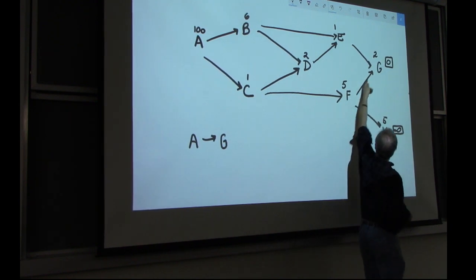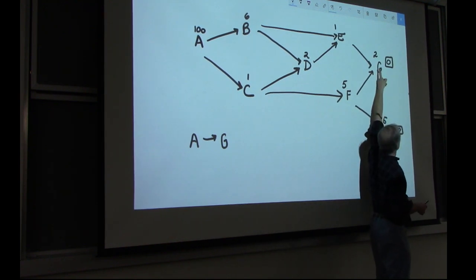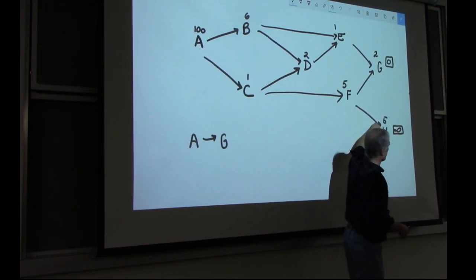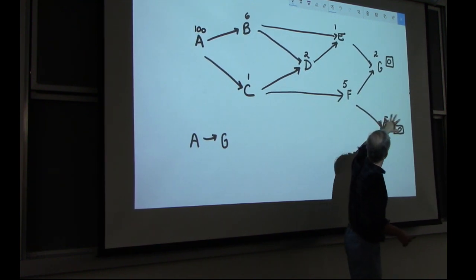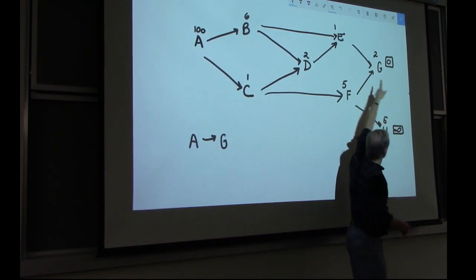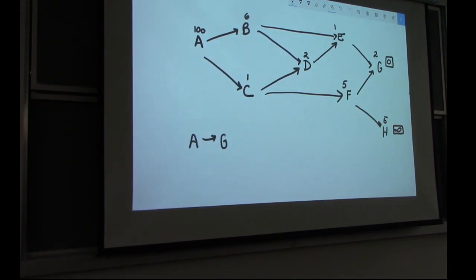So if I take this route, what's the cost going to be? $2. That's 0 plus 2. And if I go this way, what's it going to be? That's infinity plus 5. So I've got infinity if I go this way. I've got 2 if I go that way. So I go that way. So it becomes a 2.